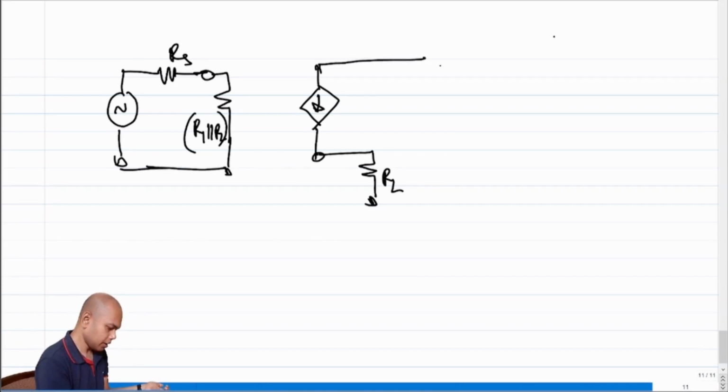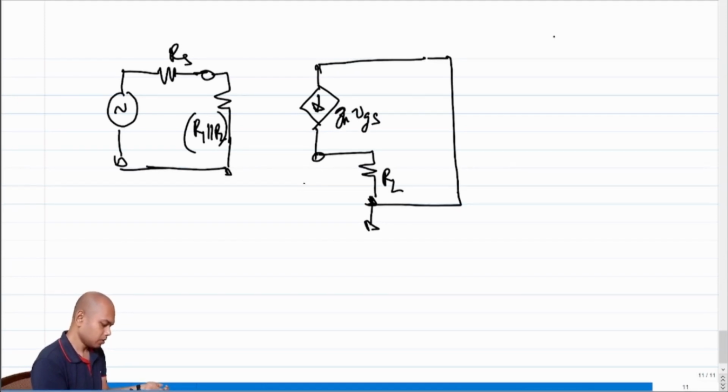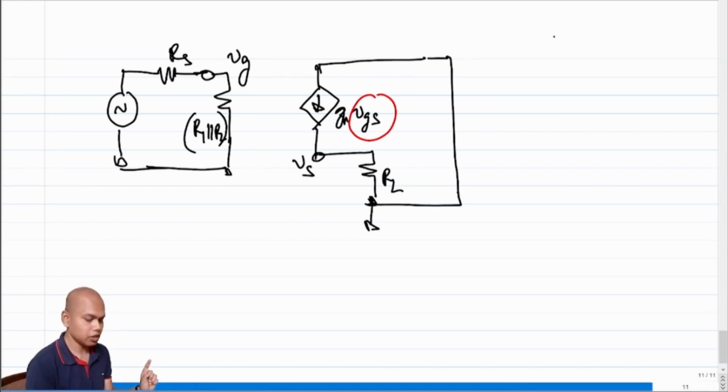And this becomes incrementally grounded if we get rid of RD. So this is gm times VGS. Note that this is not gm VG, which means this is not gm times Vi.